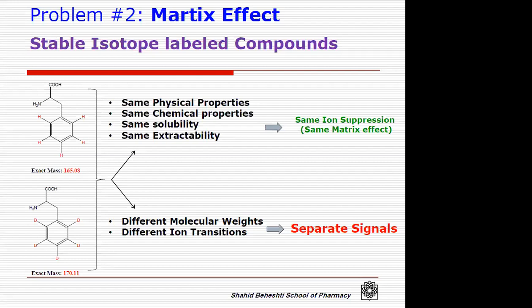How is it done? Since these two compounds are identical in physical properties, they have the same solubility, same extractability, same chemical properties. Their behavior in solution is the same. But when it comes to mass spectrometry, when you inject both of these together into the mass spectrometer, they will give separate signals, because the natural one has a different molecular weight from the labeled one.